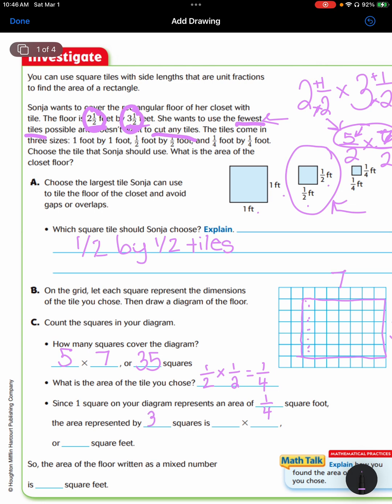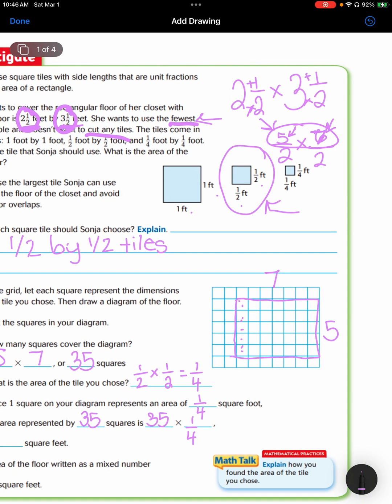We have 35 squares altogether. So now we can just multiply 35 times 1/4. If I do that off to the side here, I would have 35 over 1, because that's our whole number, times 1 over 4. You get 35 over 4.